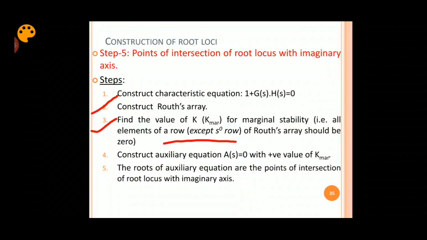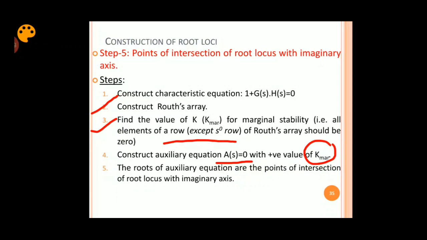Then the row above that would be an auxiliary equation, which we get as A of s equal to 0. So in A of s equal to 0, substitute the value of k as k marginal. Whatever you get from the previous step, the k marginal value, substitute in this A of s equation.